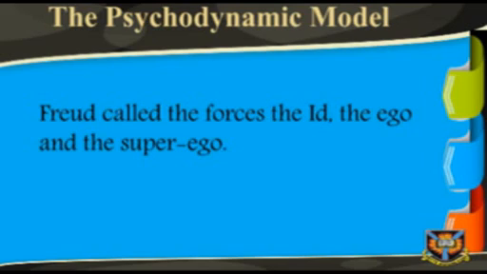Freud believed that three central forces shape the personality: instinctual needs, rational thinking, and moral standards. All these forces operate at the unconscious level, unavailable to immediate awareness, and he believed them to be dynamic or interactive. Freud called the forces the id, the ego, and the superego.